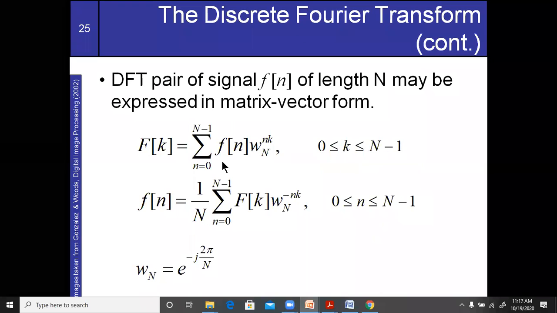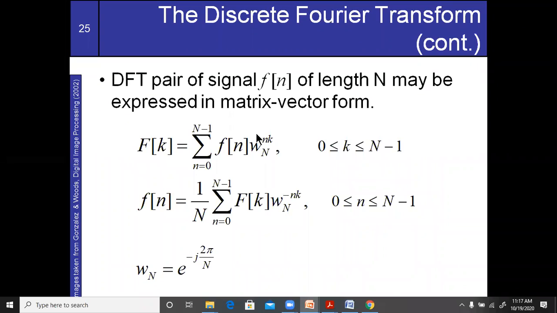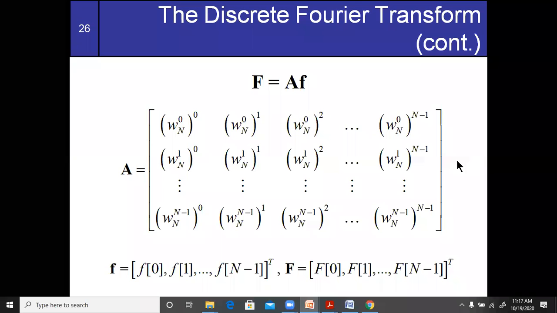So for capital F of 0, we will get the first row, right? For capital F of 1, when K is equal to 1, that corresponds to the second row over here, right?